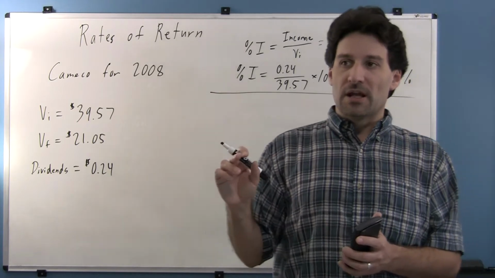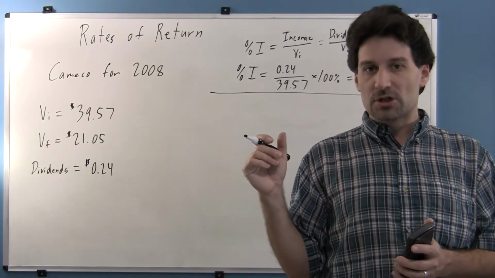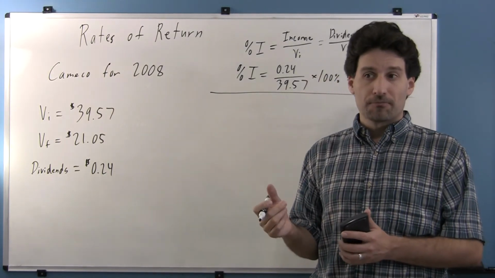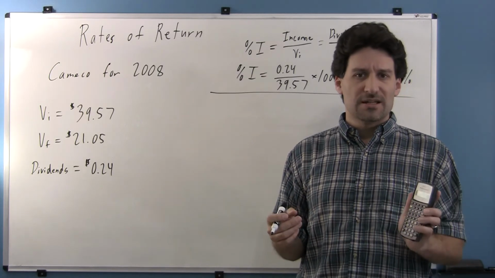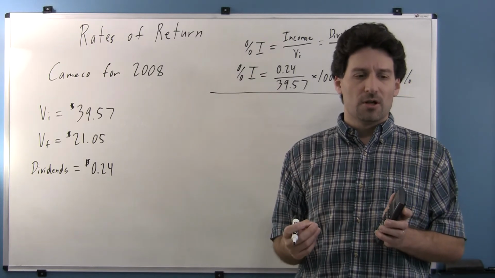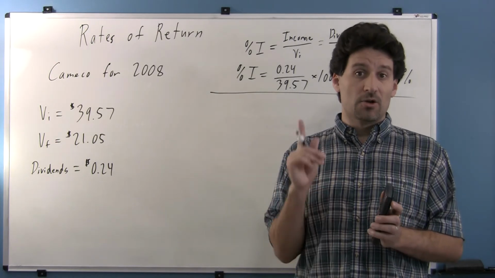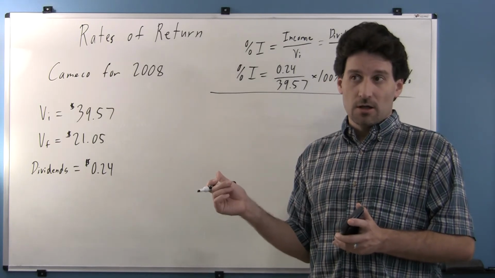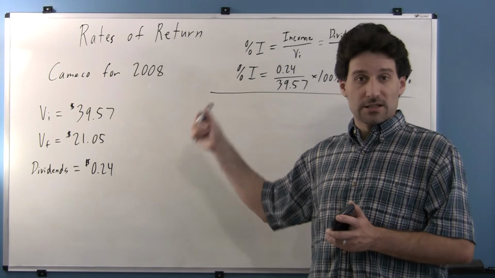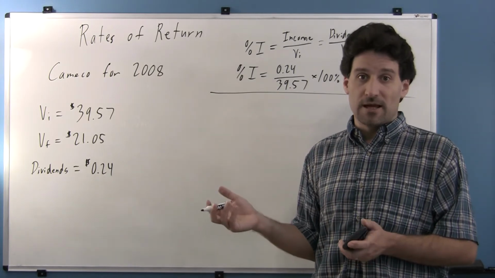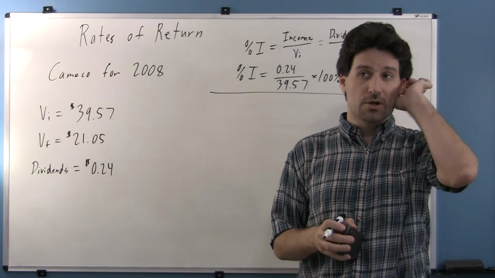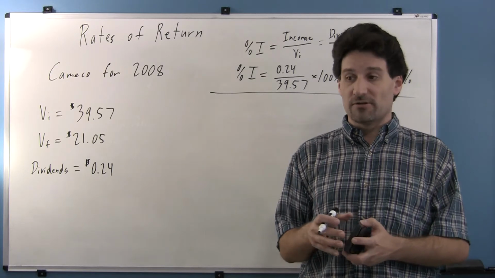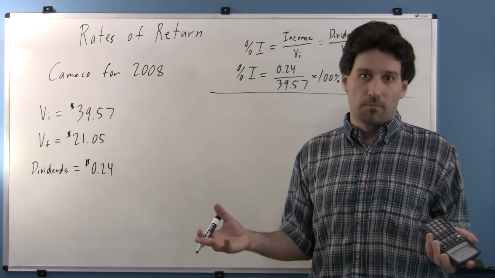By the way, if you're ever doing these sorts of calculations and it talks about owning multiple shares of stock, we're always interested in just the percentages overall. So you can do all these calculations based on just one share. Even if it said you bought 100 shares of stock, you'd just be multiplying everything by 100 and then dividing everything by 100 at the end. It wouldn't matter, it would all come out. Sometimes we do say that because realistically you might have bought more than one share.